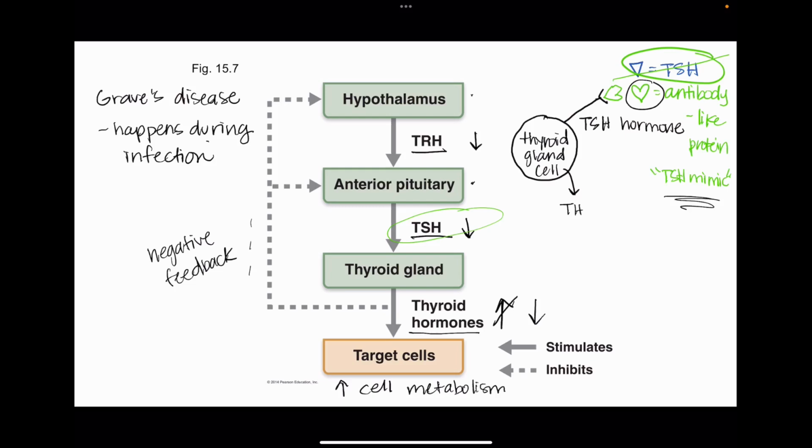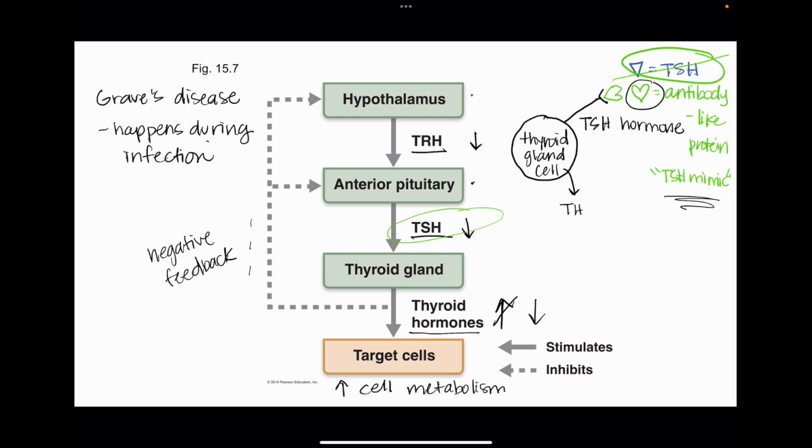Because you said the thymus is what produces the antibody. Well, your thymus helps develop your T cells. Oh, okay. The antibodies come from your B cells, which we'll talk about more in the immune system. But it's just your immune system makes these antibodies that are meant to fight off the virus, but they happen to be shaped just like thyroid stimulating hormone. And so therefore they can stimulate the thyroid to produce more thyroid hormone even when we don't want it.